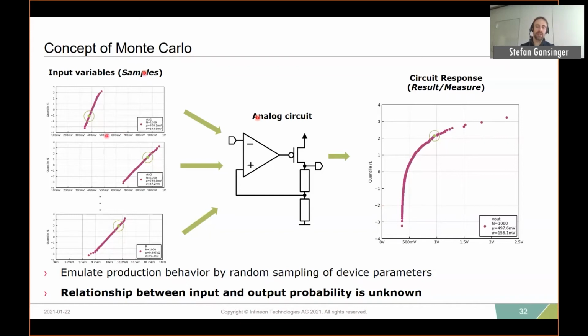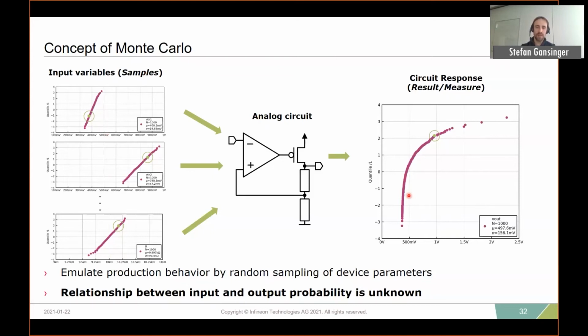The sampling process is of course very fast because it's just like a dice, so to say, but the simulation can take very long because we need to simulate a lot of sample sets to get a circuit response like this.